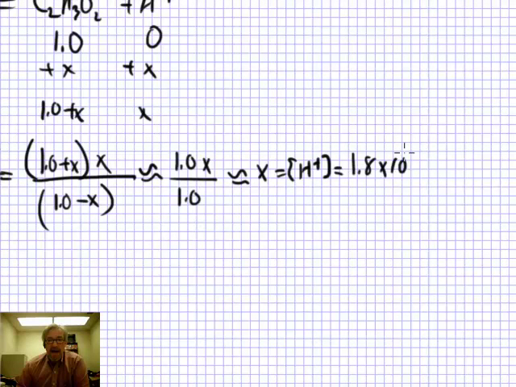And that assumption that we made that the X's were okay to leave out is all right because 1.8 times 10 to the minus 5th is much smaller than 1.